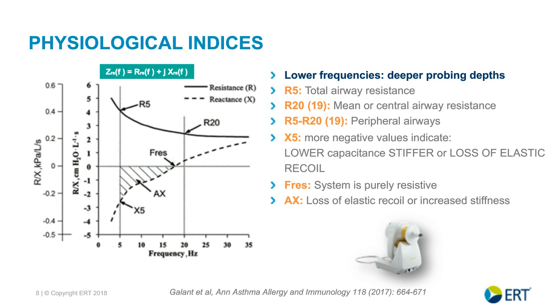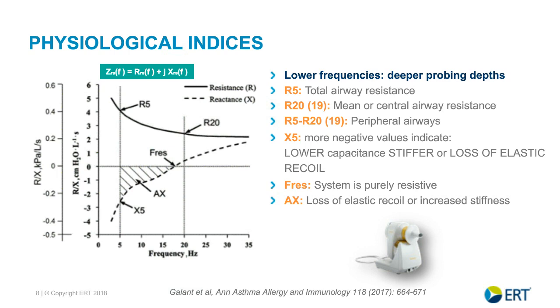The key measures to be aware of that the technique measures are the resistance at 5 Hz, so at lower frequency. And this is a measure of total airway resistance. The lower frequency oscillations probe deeper into the lung and are reflective of total airway resistance. Then if we go to 20 Hz, we can measure the resistance at 20 Hz.